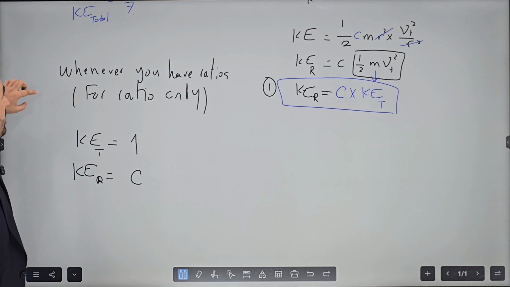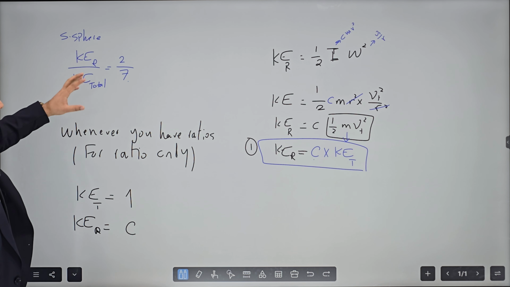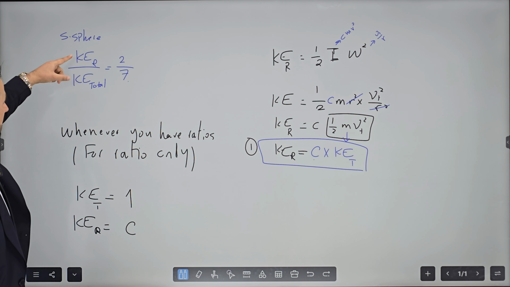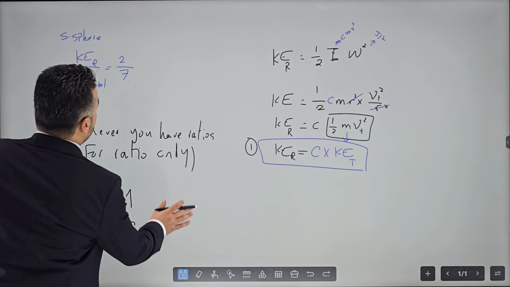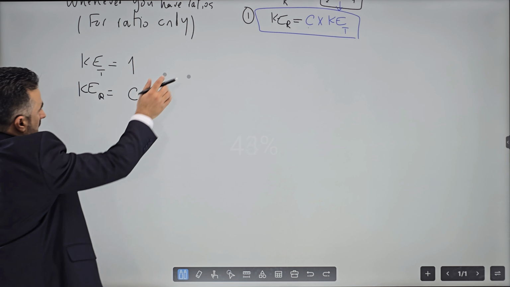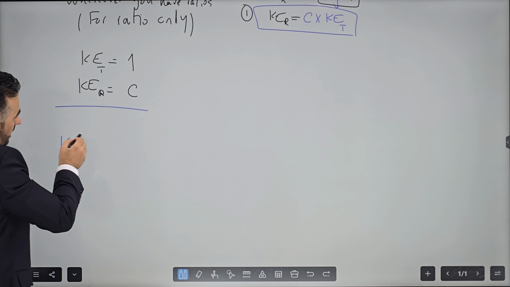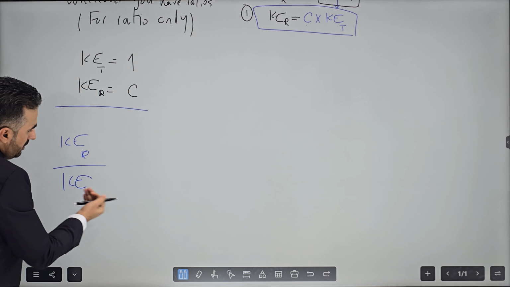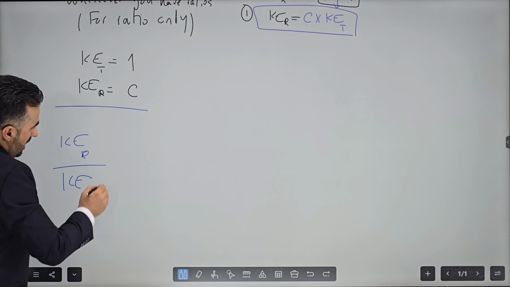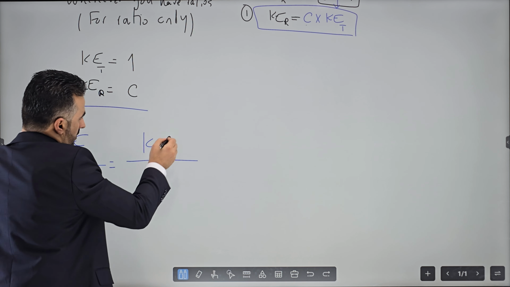So now let's go back and see if we can solve this question. The question says kinetic energy of rotation to the total, right? Let me rewrite this. Kinetic energy of rotation to the total. Now I know that kinetic energy of rotation, that's what it is.